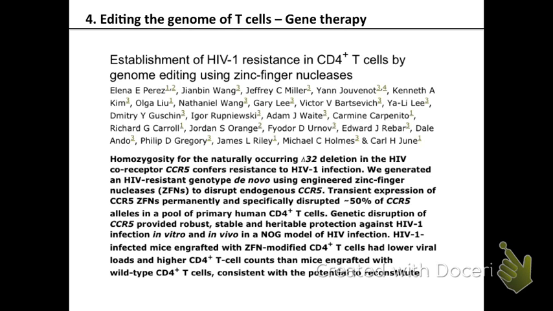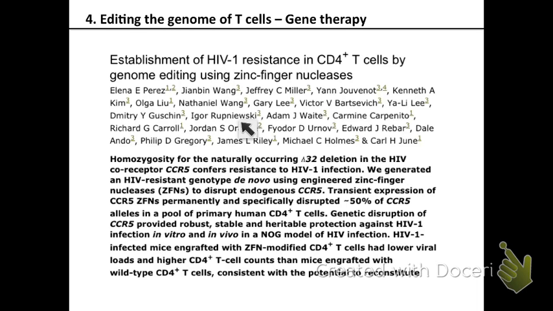All right. How can you use these zinc finger nucleases? Here's a proof of principle experiment from quite a while ago. I guess like 6-7 years ago. I can't remember. So what they've done here is they said, okay, we know that there are CD4 plus T cells that can be made resistant to this HIV virus.